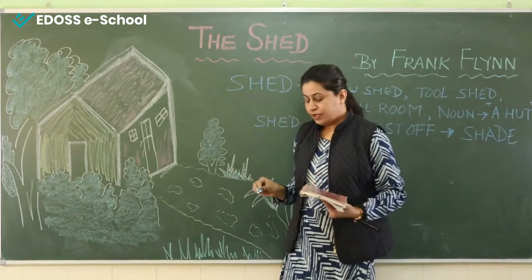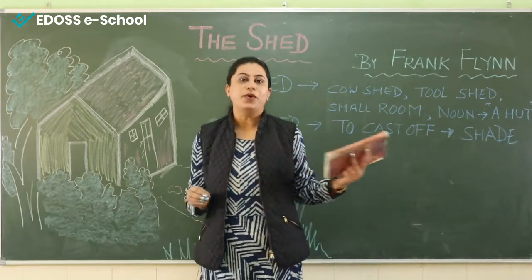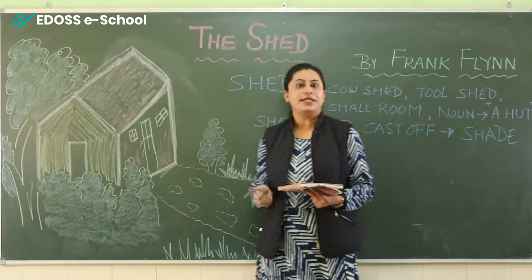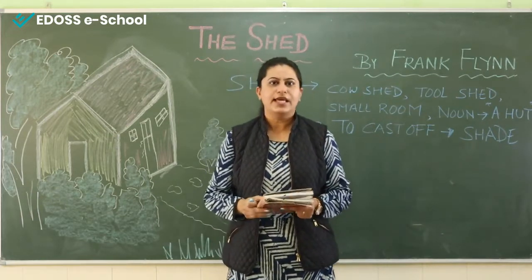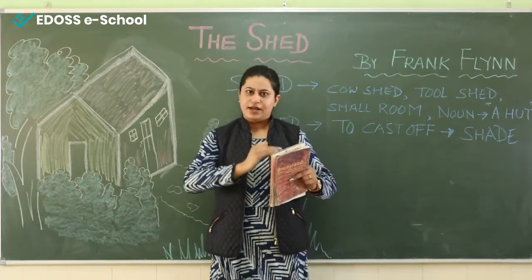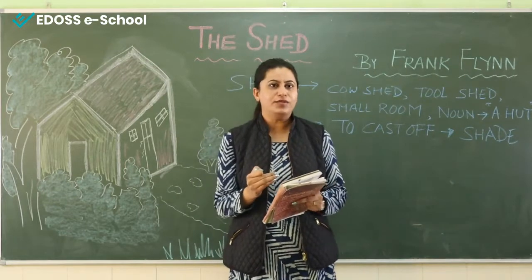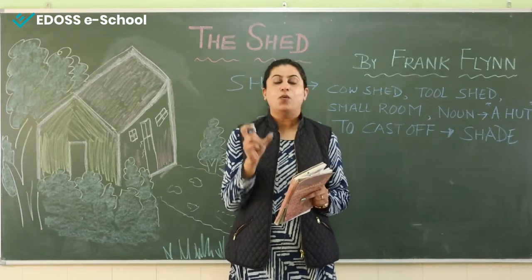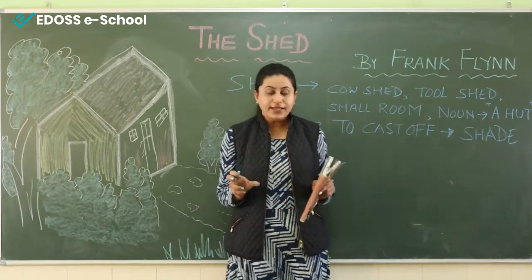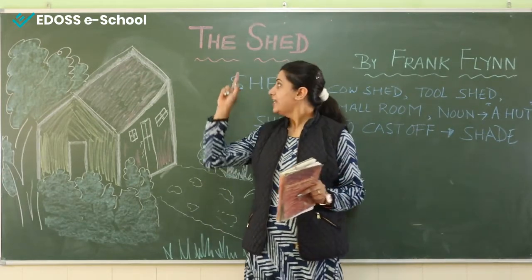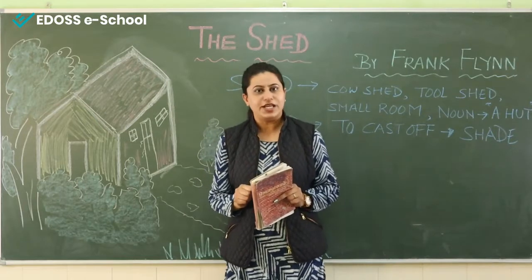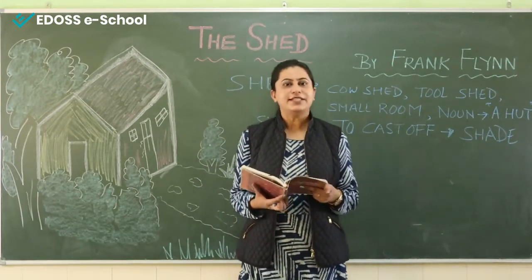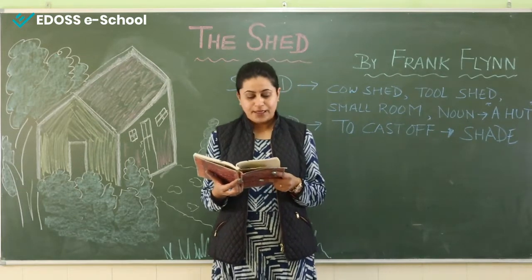But here, when we are talking about this poem named The Shed, it means a small house that is somewhere far away from the main house, near the garden area. And why this poem is titled with this name, we'll come to know when we go through this poem. So let us start this poem.